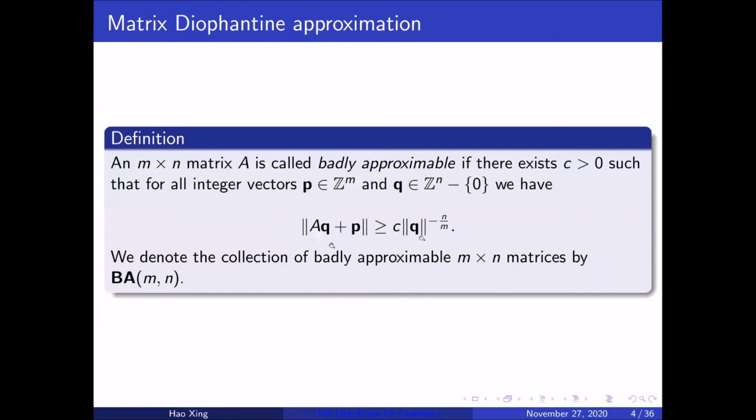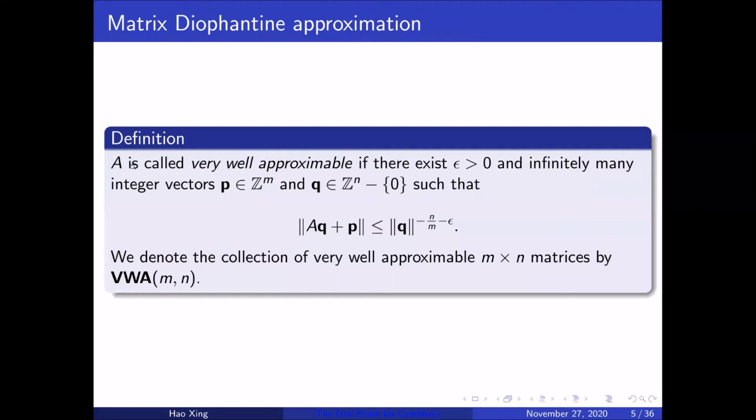So this number cannot be too small. There's a lower bound for this quantity in terms of some power of the reciprocal of the norm of q. The collection of badly approximable m by n matrices is denoted by Bad(m,n).